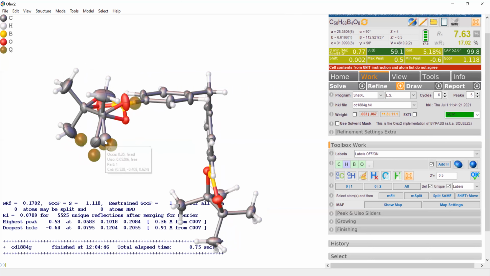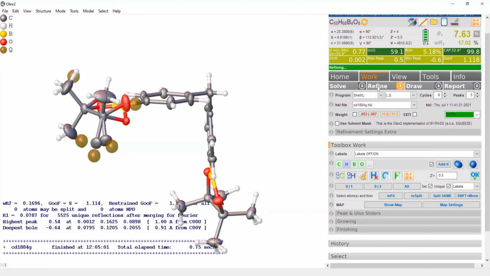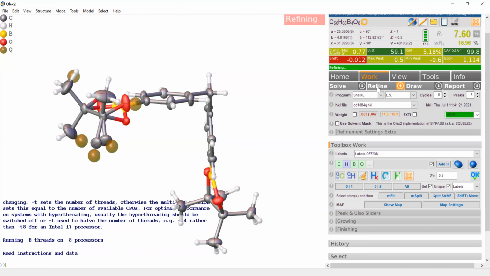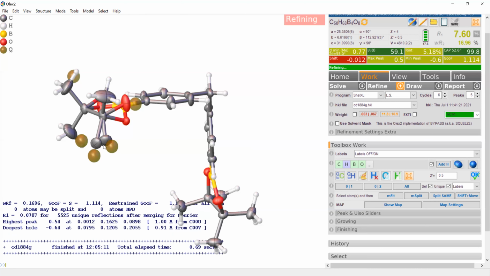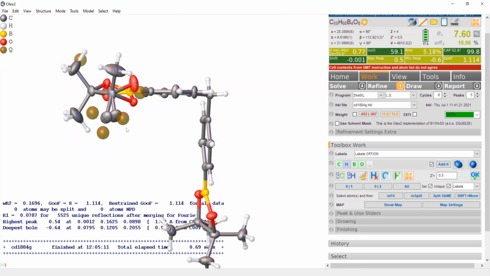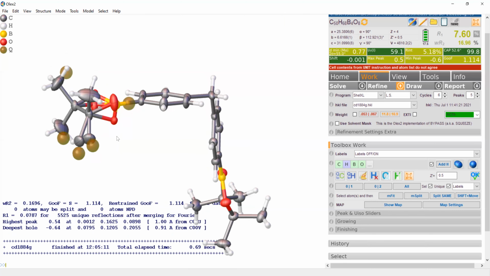Now let's do an anisotropic on this one. Not bad. Still looks a little, it looks all right.